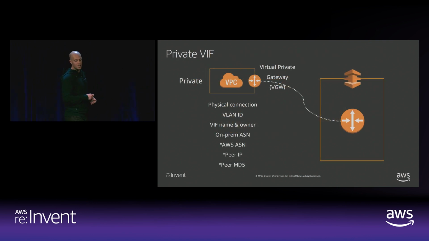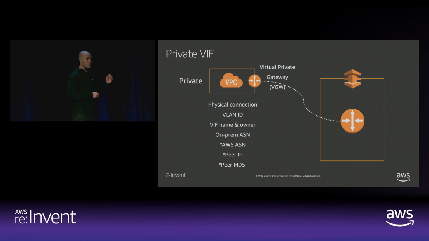When you want to connect directly to a single VPC, within your local region, which we're going to cover in just a minute, you will use a private virtual interface, or as we call it, a private VIF. First, you create a virtual private gateway in the VPC console, and you specify the Amazon side ASN, Autonomous System Number. Then in the Direct Connect console, you set up a private VIF.